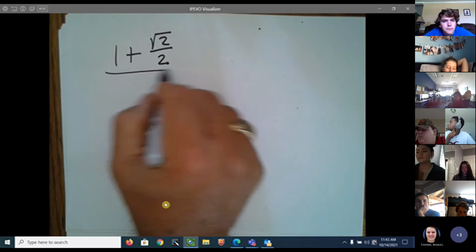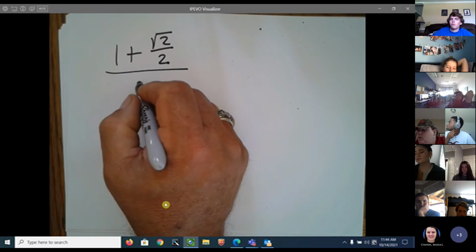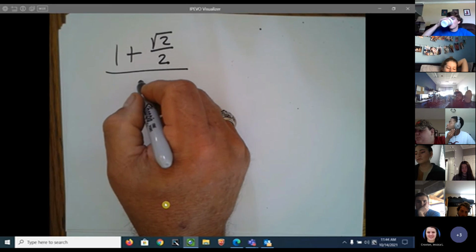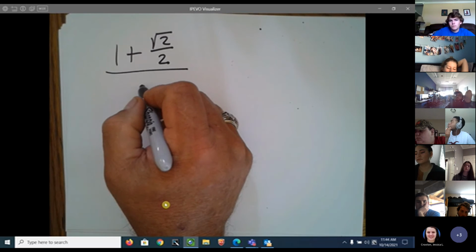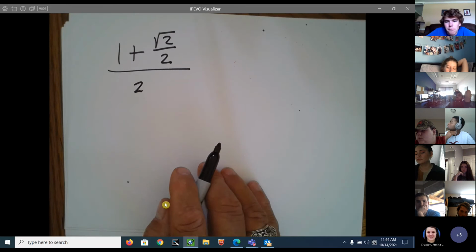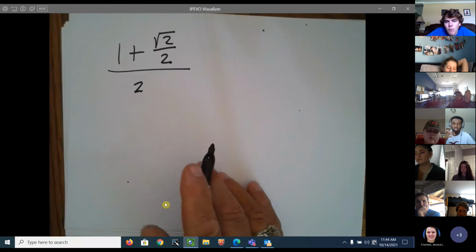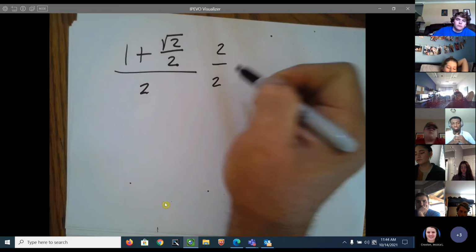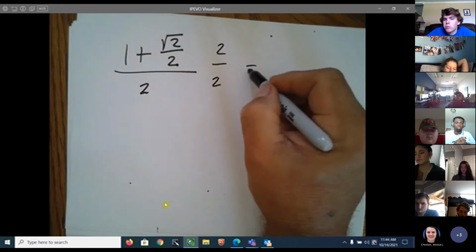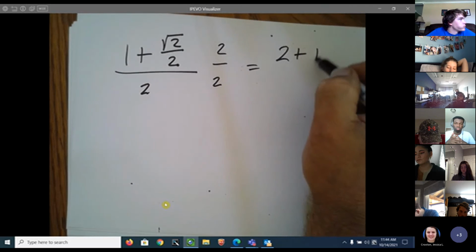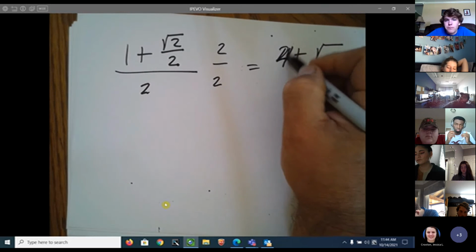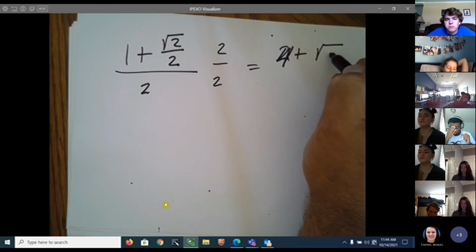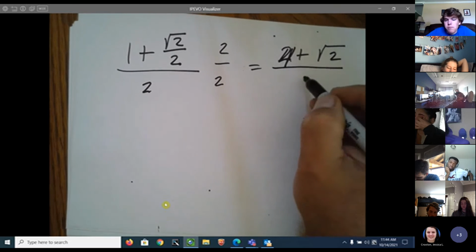I'm thinking of how they simplify this, because they're going to simplify it some funky way. I could multiply through by 2 over 2, a common denominator, and that would be 2 plus the square root of 2 over 4.